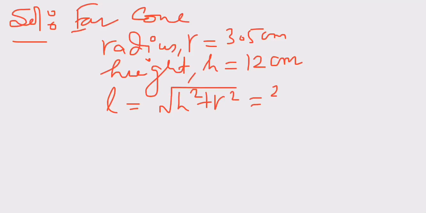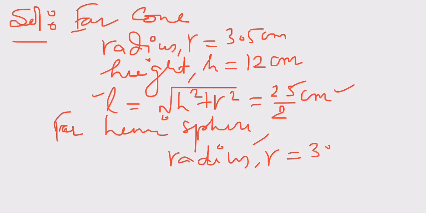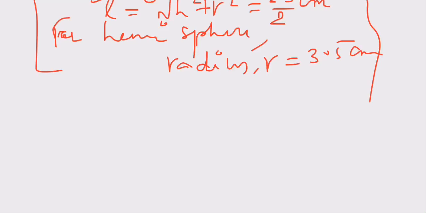This is your 25 upon 2. If you remember the calculation, earlier we had done it for L. Now for hemisphere we have radius R, that is 3.5 centimeter. So this much information if you write in your solution, out of 5 you are going to get 1 mark automatically. Now here comes the main part.